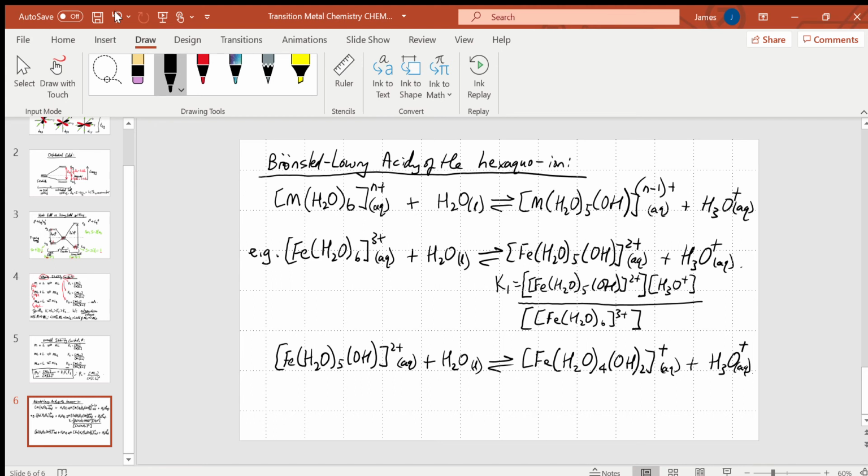We could have K2. K2 would therefore just be iron, H2O four, OH 2+, whole thing in square brackets, times hydronium, and then the denominator would be the original reactant.